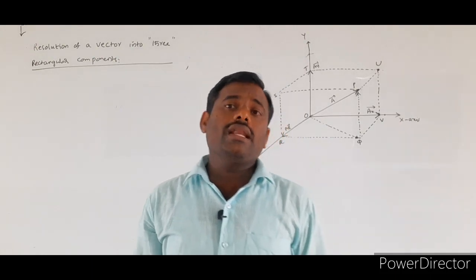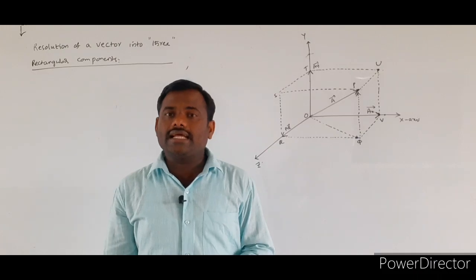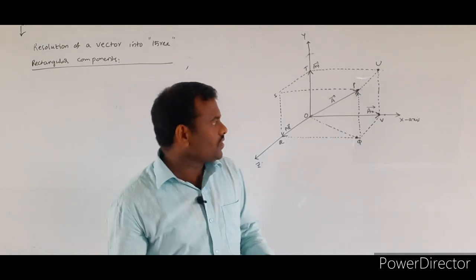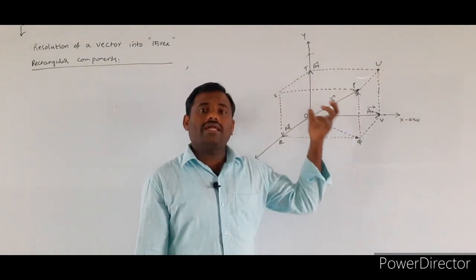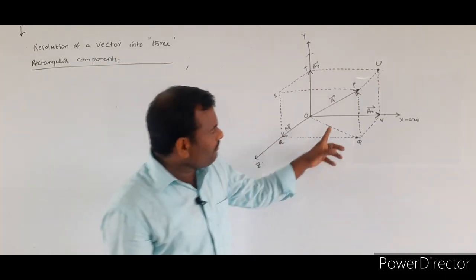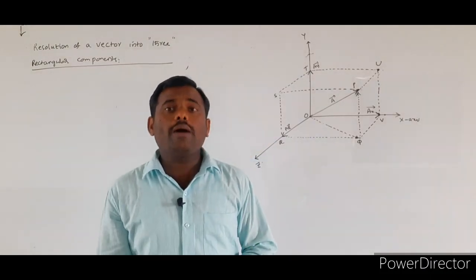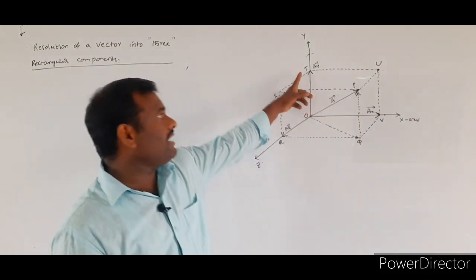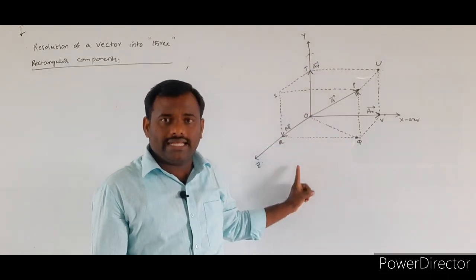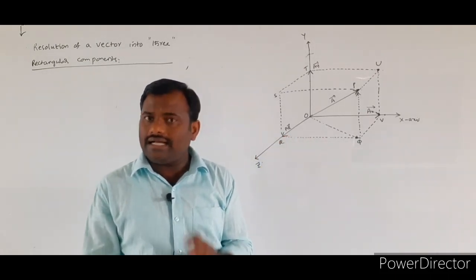For getting the three rectangular components, three different axes are considered: the x-axis, the y-axis, and the z-axis. So the vector a bar should be placed in the xyz plane. From this diagram, ax bar is a rectangular component along the x-axis, ay bar is a rectangular component along the y-axis, and az bar is a rectangular component along the z-axis.